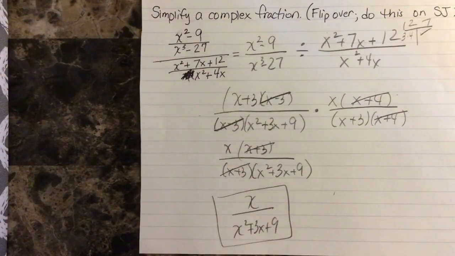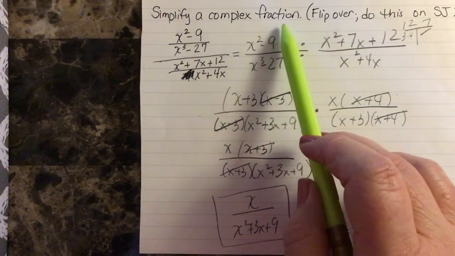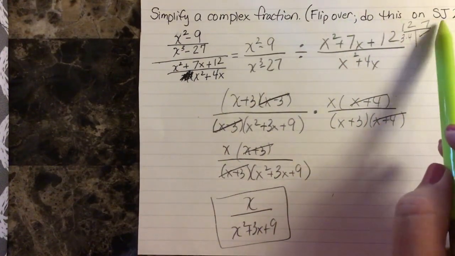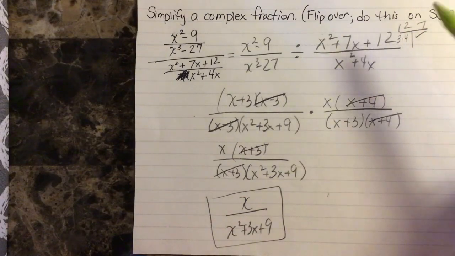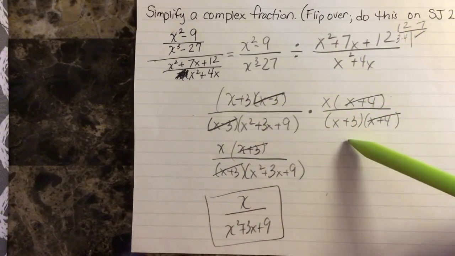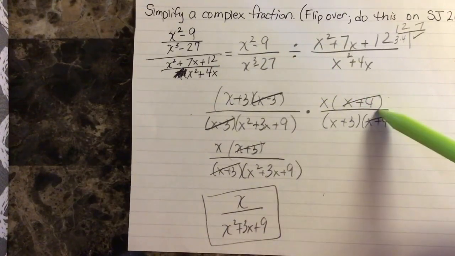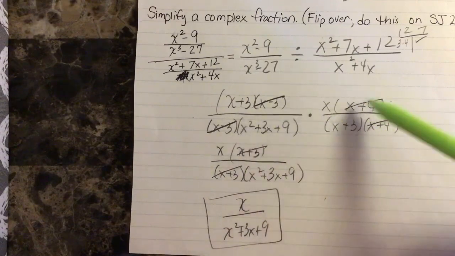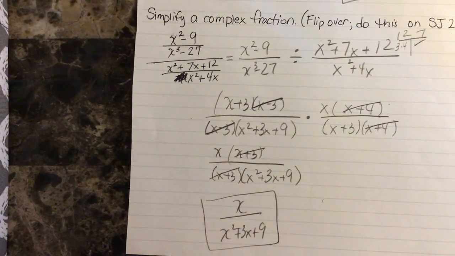Okay, so here is, and again, I didn't mention this earlier. This problem is not on your paper, so flip this paper over, if you will, and do this on Student Journal 203. Just write that in the space that you have. I factored, I reduced, I multiplied by the reciprocal also. I reduced each fraction, then I put it together and reduced, and here's my final answer. Hopefully you got that as well.